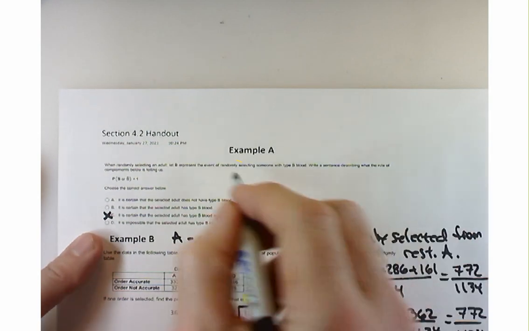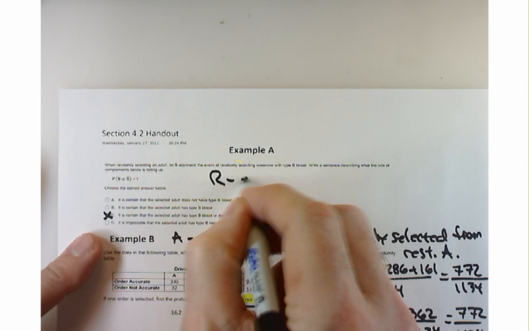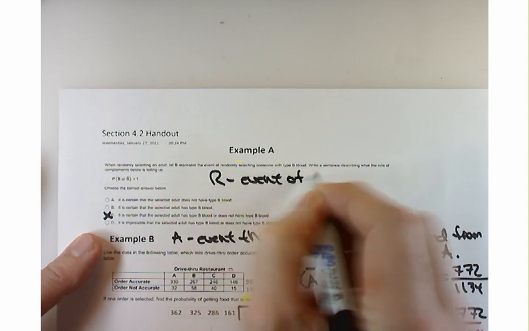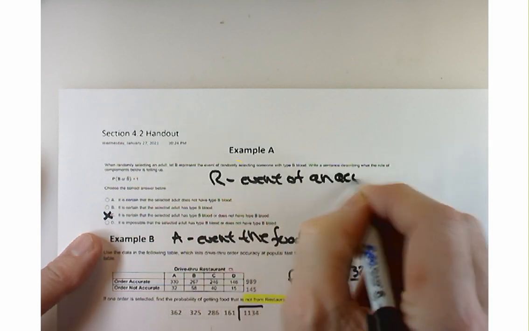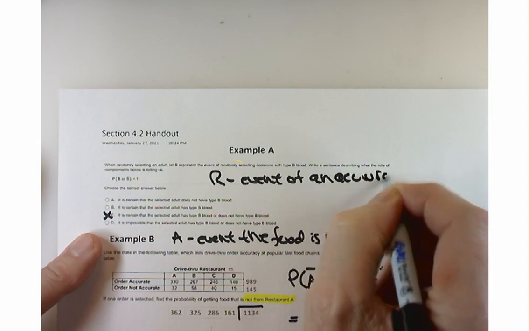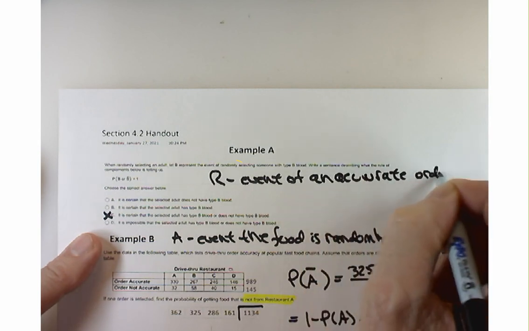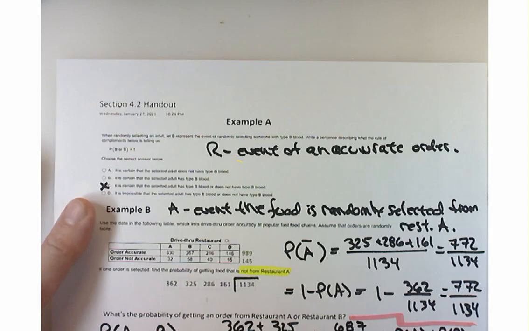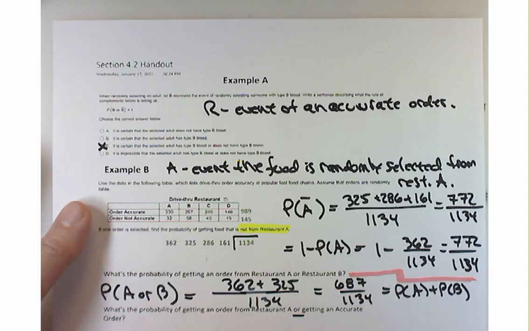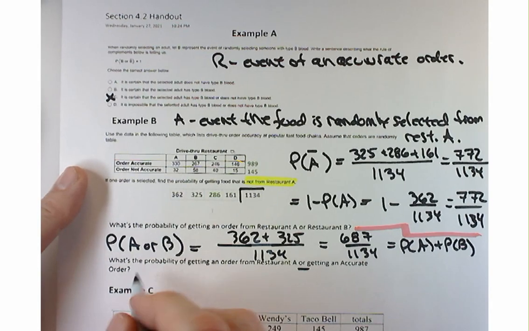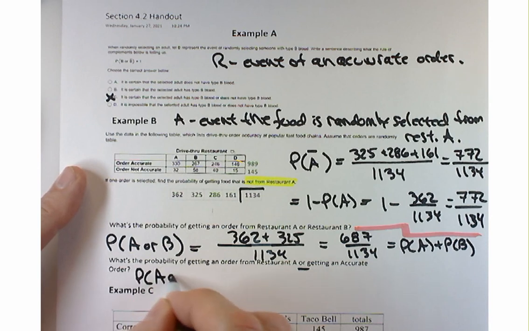So I'm going to let R be the event of an accurate order. Because this down here is asking us for the probability of A or R.